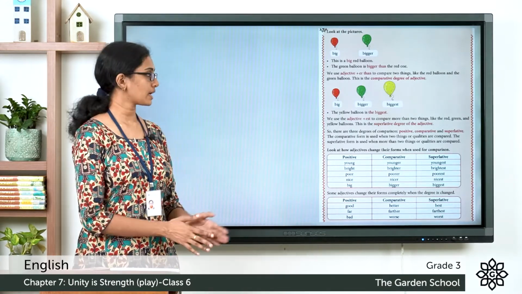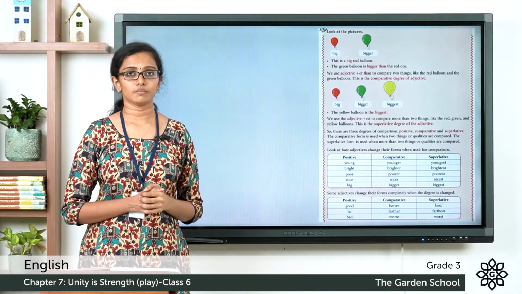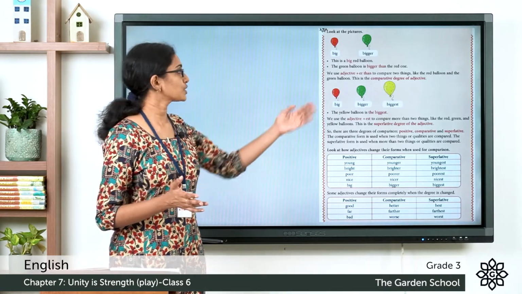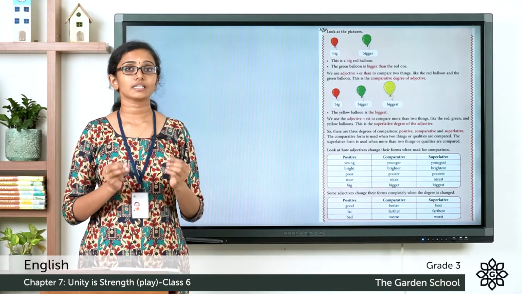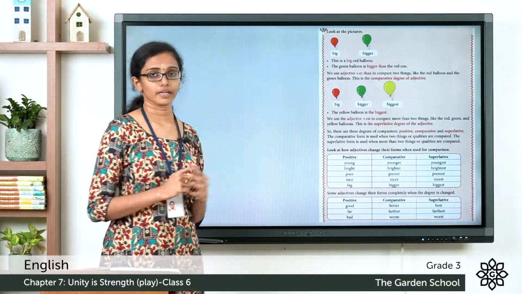So here you are comparing two things, a red balloon and a green balloon. So when you compare the two things, the adjective big became bigger than. We added the suffix ger to the adjective big.